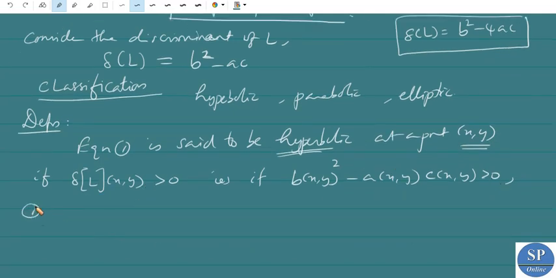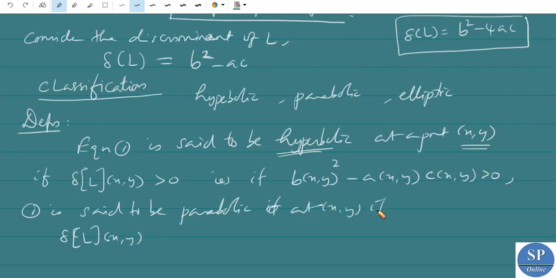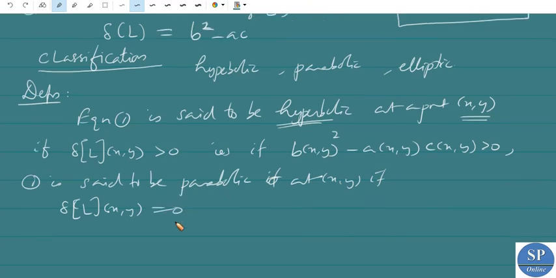So equation 1 is said to be parabolic at xy if delta L of xy is equal to 0. That is, if delta L equal to 0 at the point xy, then we can say that the given equation is parabolic.